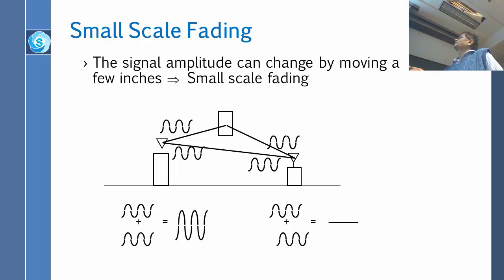So that is called small scale fading, and sometimes the small scales can add up to become bigger scale, or the small scales can cancel out totally, depending upon the phases again, right? If they're out of phase, they cancel out. If they're in phase, they add up.